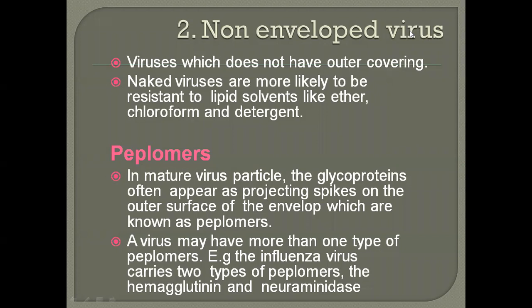It carries only two types of peplomers over the envelope, but the number of peplomers varies from virus to virus. These peplomers carry hemagglutinin and neuraminidase: hemagglutination reactions and neuraminidase enzymes may be present in the peplomers. Okay.